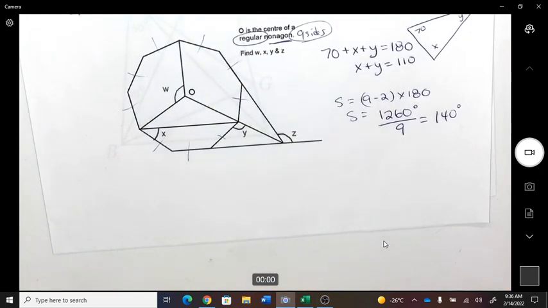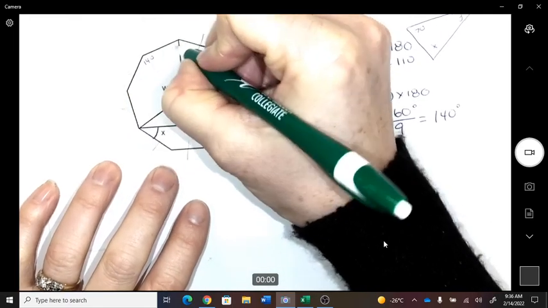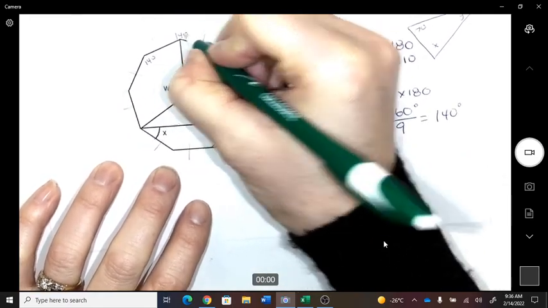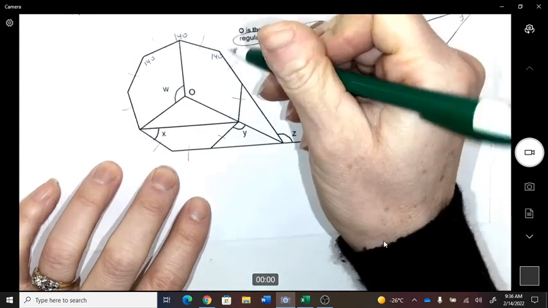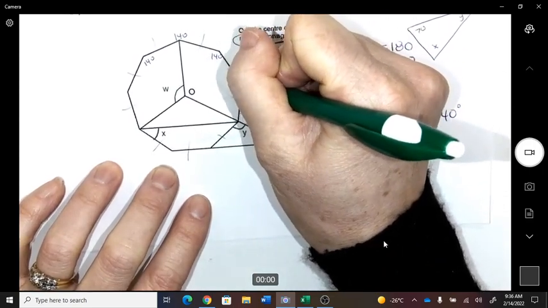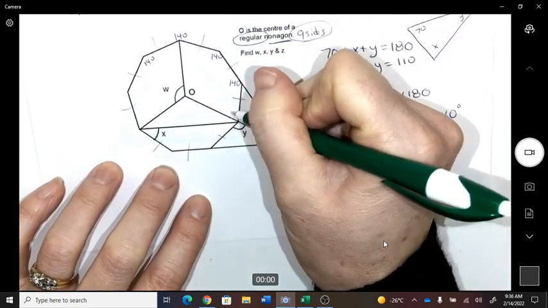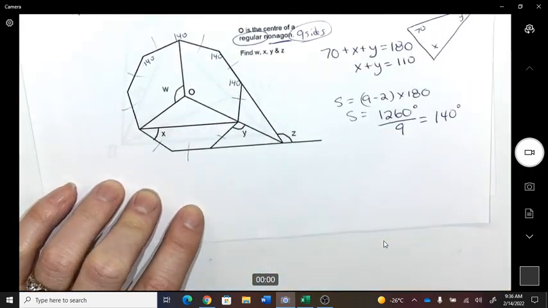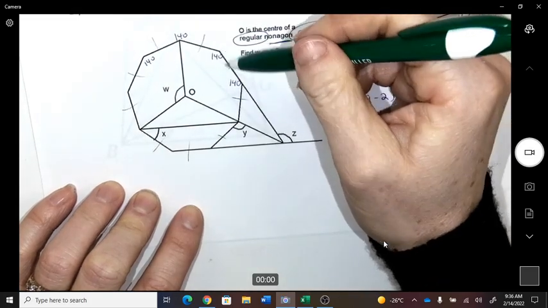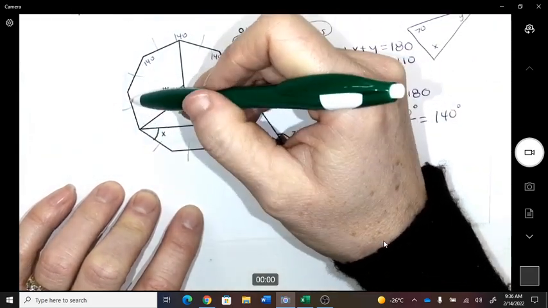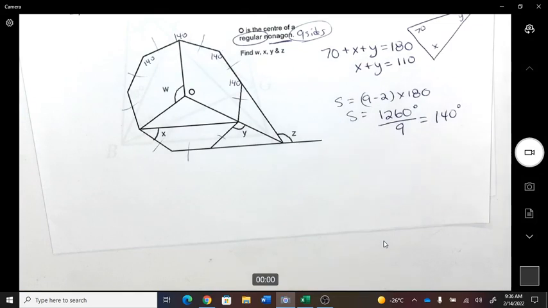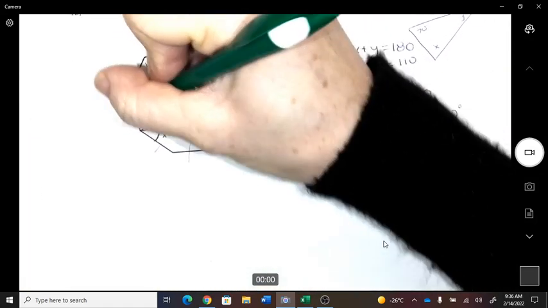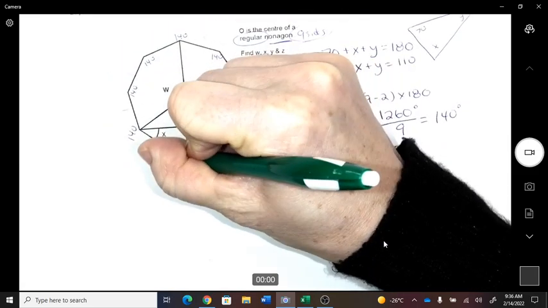So I got that each angle should be 140 degrees. Okay, so that's the one thing I know. I don't know if it gets me anything yet, but I started with that.